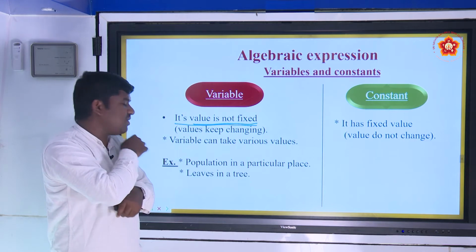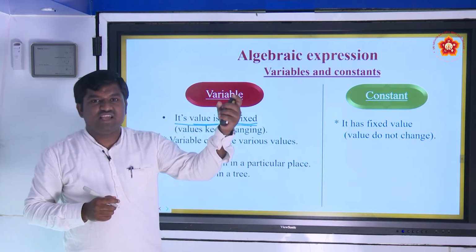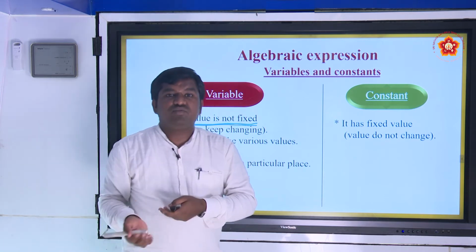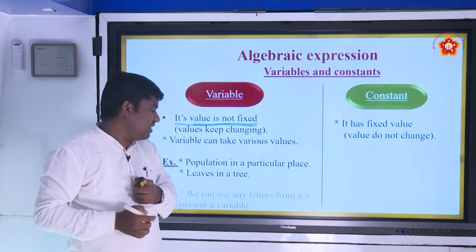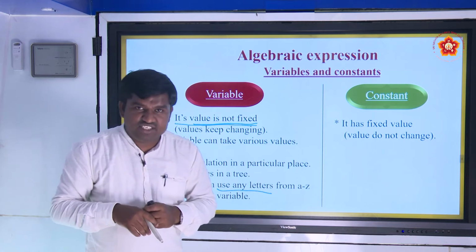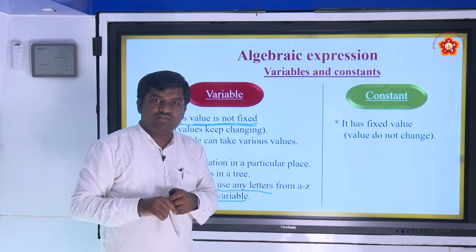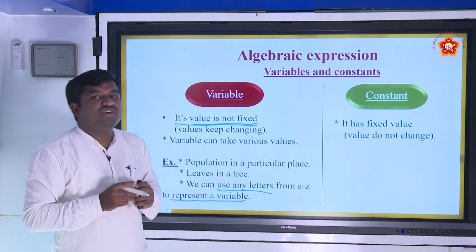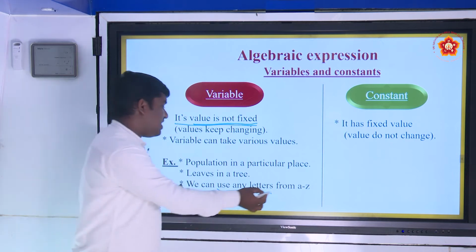Another example for variable is leaves on a tree. The leaves on a tree change from time to time, so this is a very good example for variable. We can use any letter from A to Z, small letters, to represent a variable.